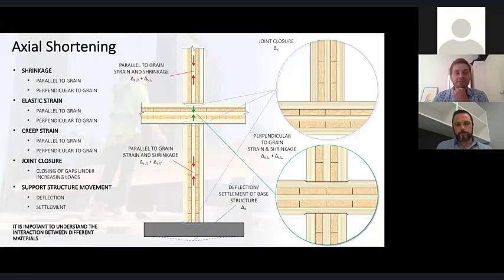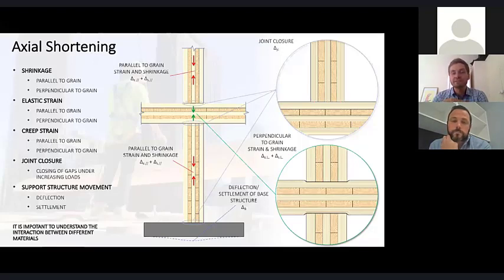So just to discuss axial shortening in a little bit more detail, I'm sure anyone that's tuned into any of my previous presentations has seen this slide or something similar. Won't go through it in too much detail, but I just want to highlight the importance of axial shortening for any timber design, particularly for timber elements that have perpendicular to grain in the vertical load path.